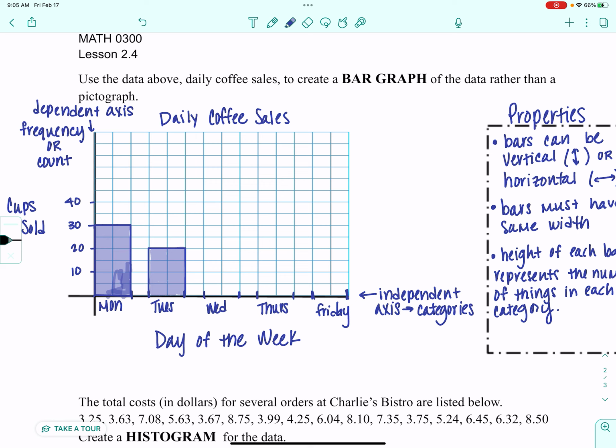Wednesday was 15. Thursday, he sold 40. So Thursday, we're going to go all the way up to 40.